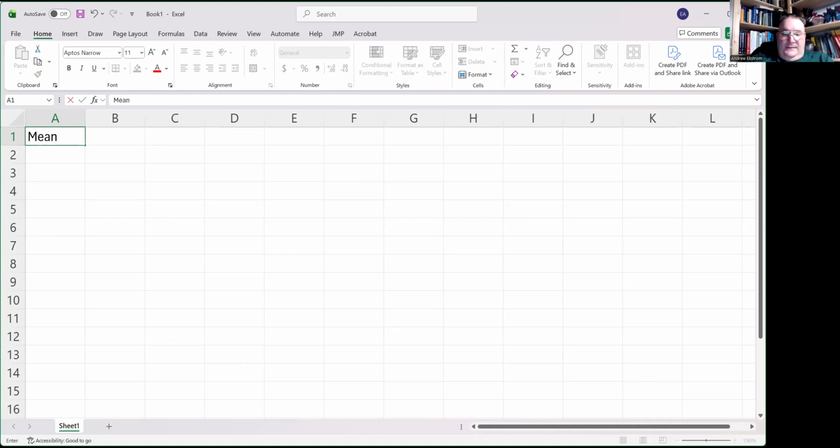So we've got the mean, we've got the standard deviation, we've got n, and we've got x low, and we've got x high. Again, it'd be nice if I could actually spell any of this stuff, but whatever.